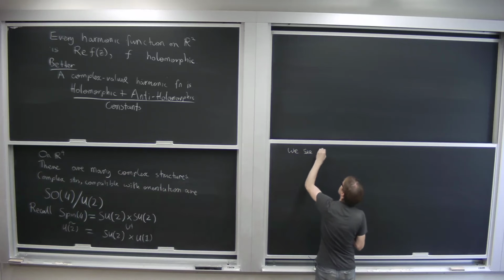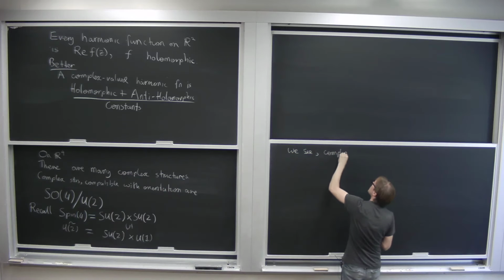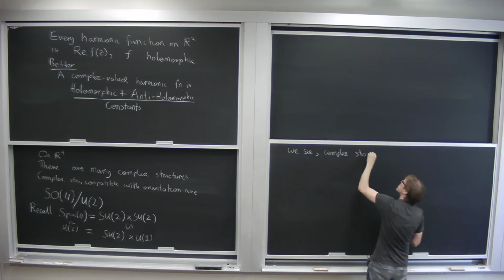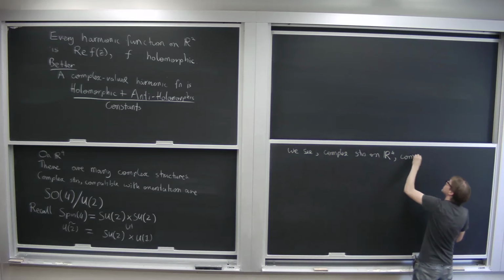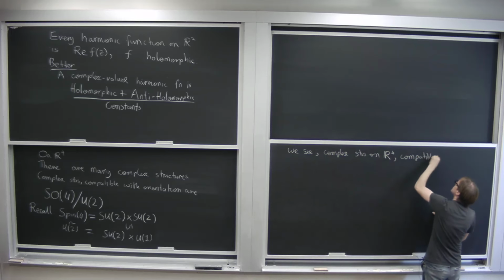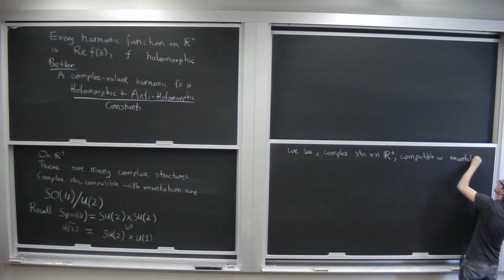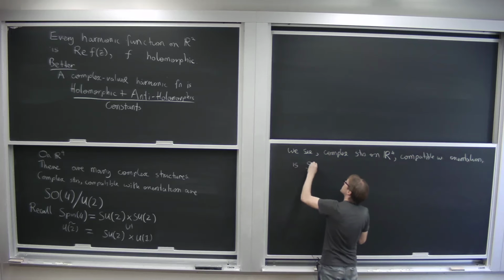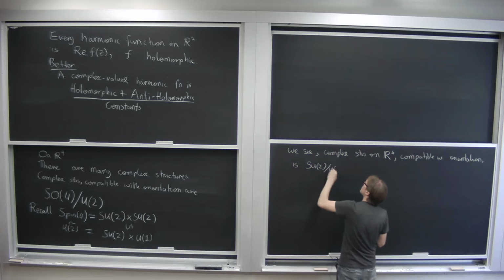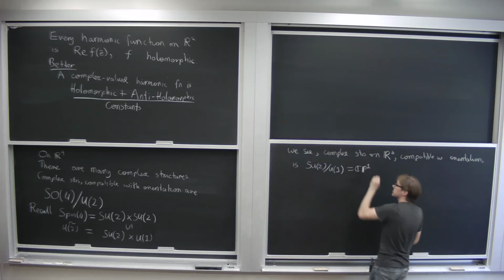We see that the set of complex structures in R4 compatible with orientation is SU2 mod U1, which is CP1. Okay.